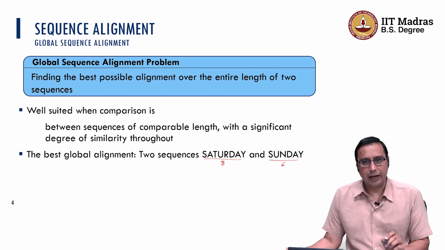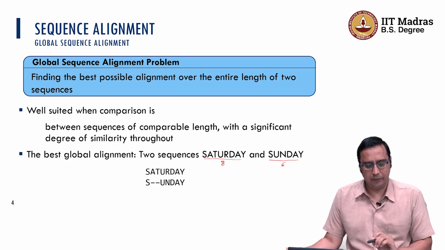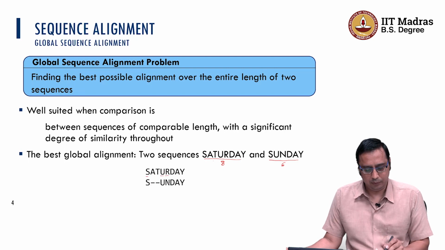I'm going to create a global alignment between them where I have S compared with S, A with gap, T with gap, U compared with U, R is not aligned, mismatched, D with D, A with A, and Y with Y.